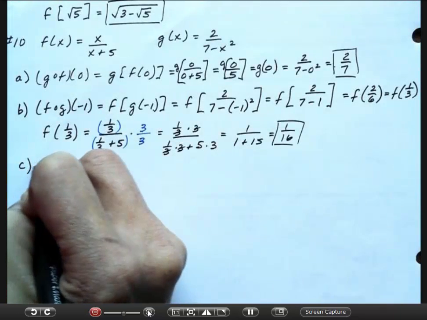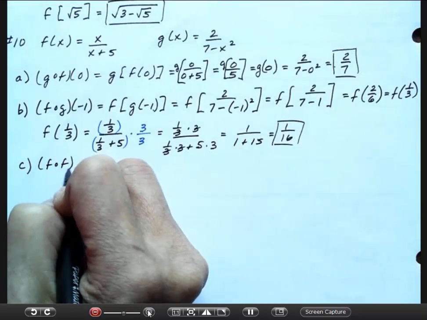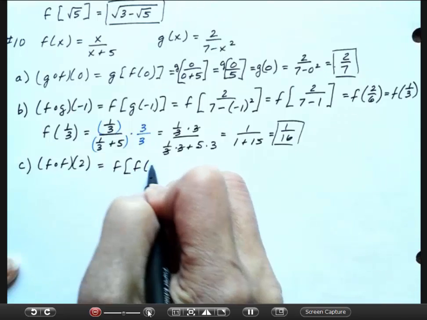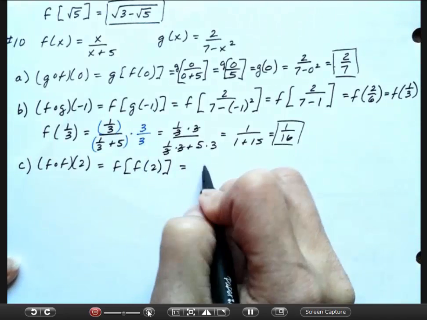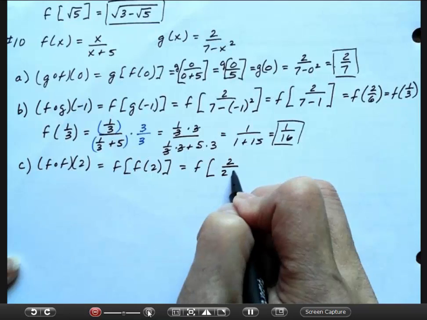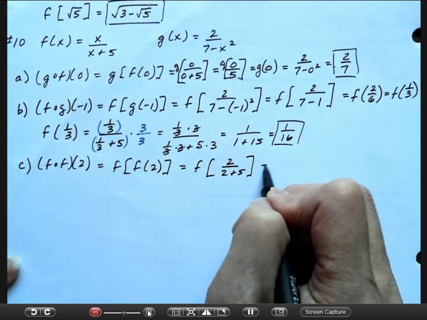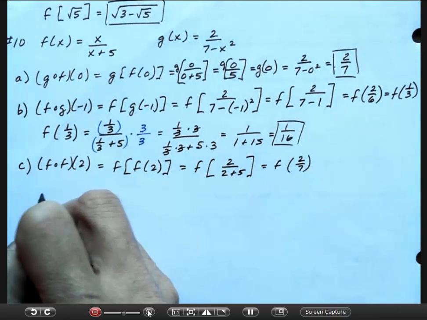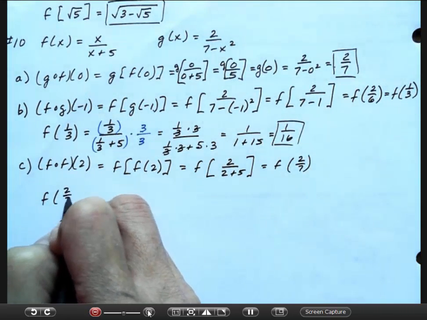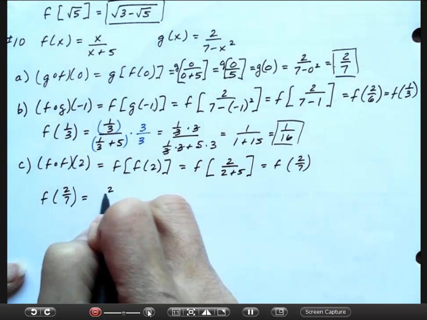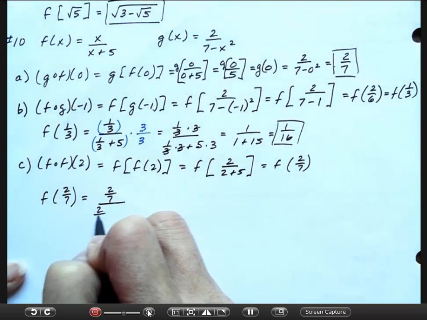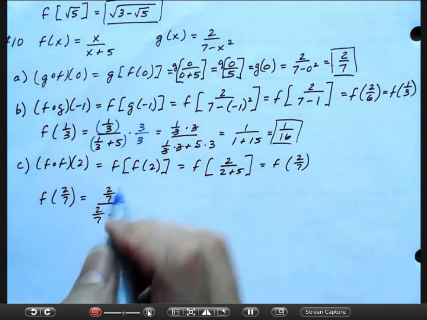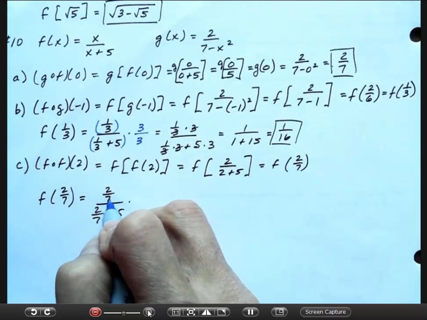The next composite function is f of f of 2. So I'm going to put 2 into my f function wherever I have an x. And this gives me f of 2/7. Then I'm going to put f of 2/7 back into my f function. So I end up with 2/7 over 2/7 plus 5. Once again, I'm going to look for my LCD of the entire fraction, which again happens to be just the denominators that we're dealing with here.